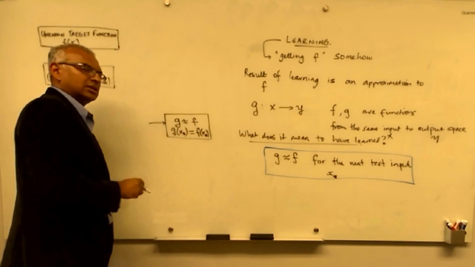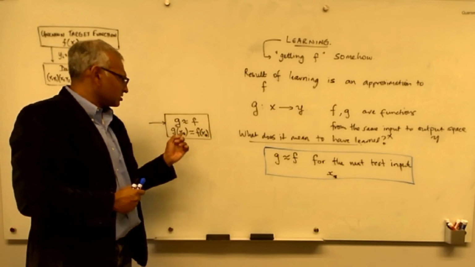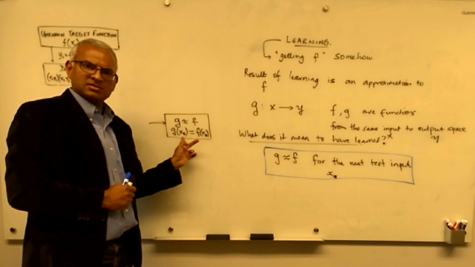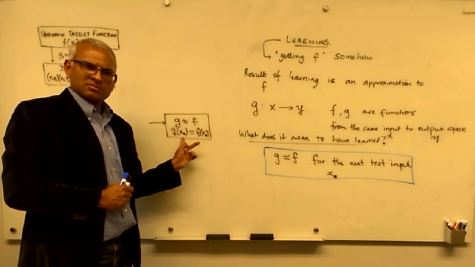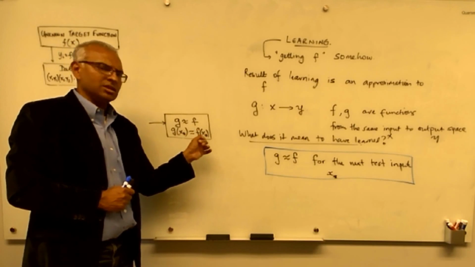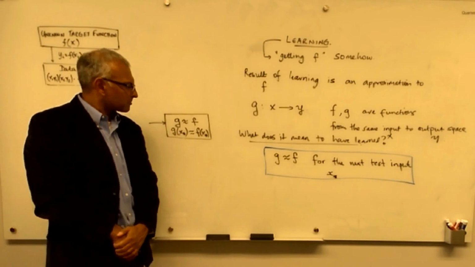Where approximately equal to depends on the nature of the output. If it's binary classification, then we want equals. So if this is yes, then this should be yes. If it's setting the credit limit, then approximately makes sense. So if the true credit limit is 10,000 and you said 9,800, that's pretty good.